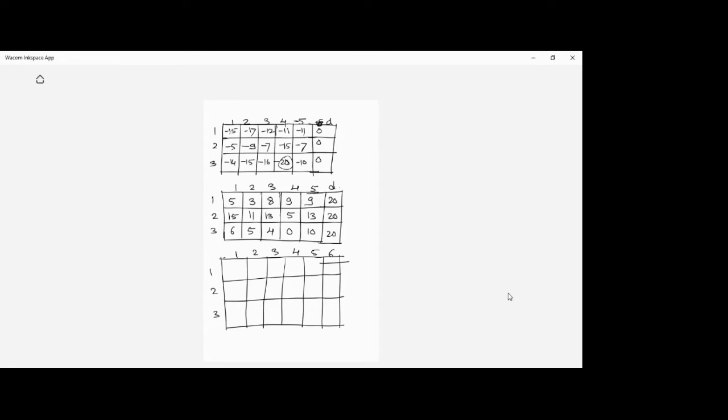Ignore this dash that has come in between. So here it is 5, 3, 8, 9, 9 and 20, 20, 20 here. It is 15, 11, 13, 5, 13, 6, 5, 4, 0, 10 and 20.